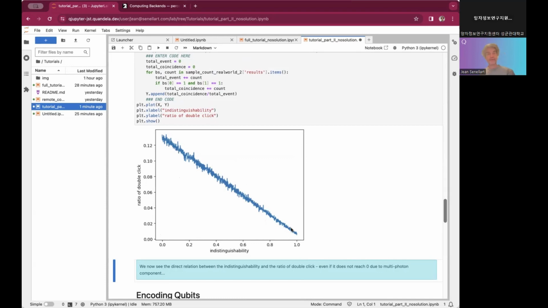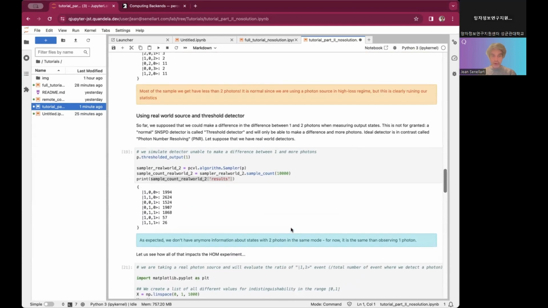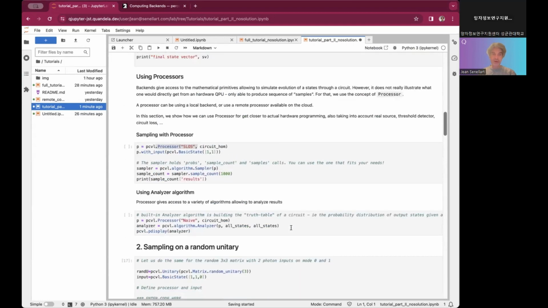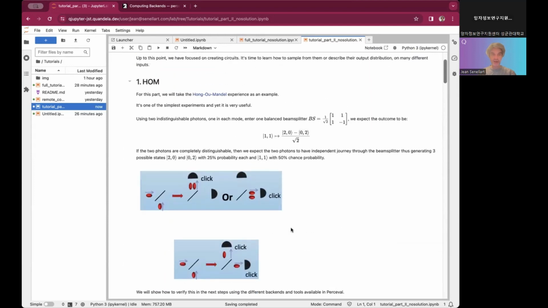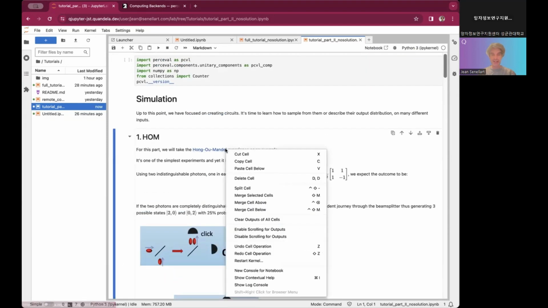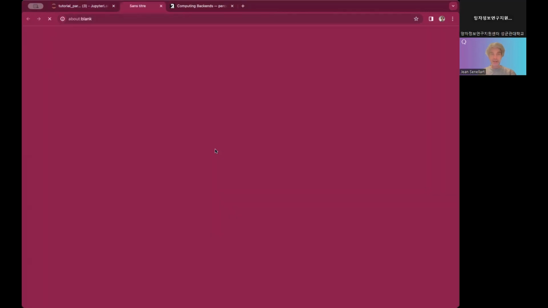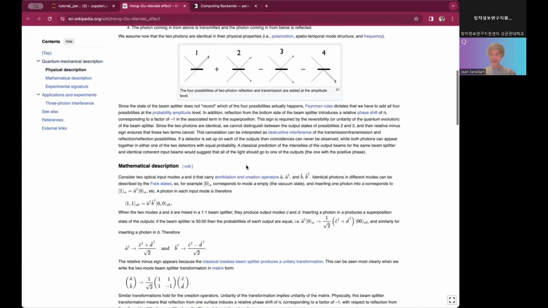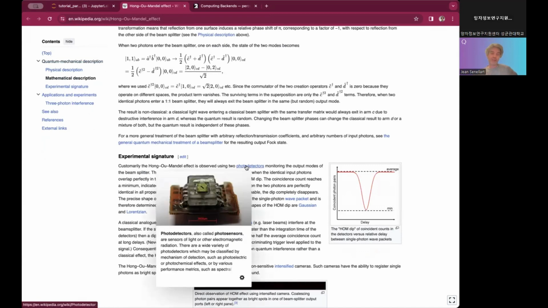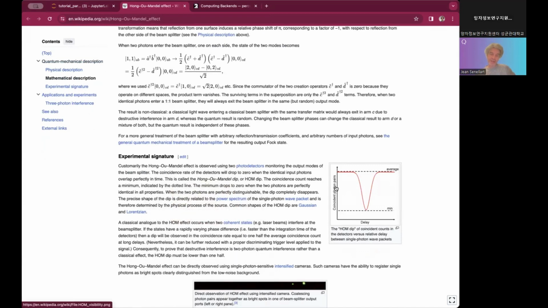So just for you to see the HOM experiment, if you go to this link. It's a very famous experiment, and everyone working on photonics knows what HOM is. There is what we call the HOM dip, in fact.